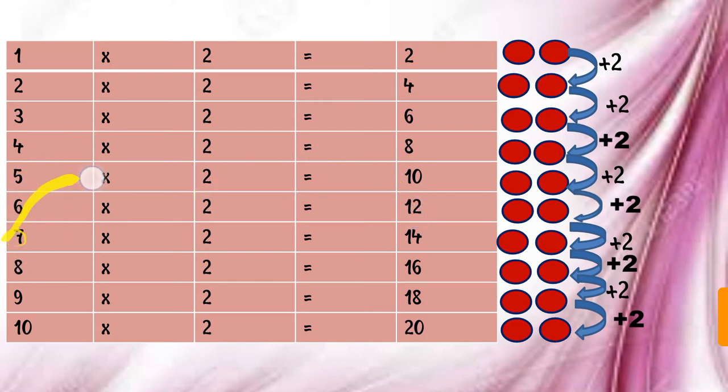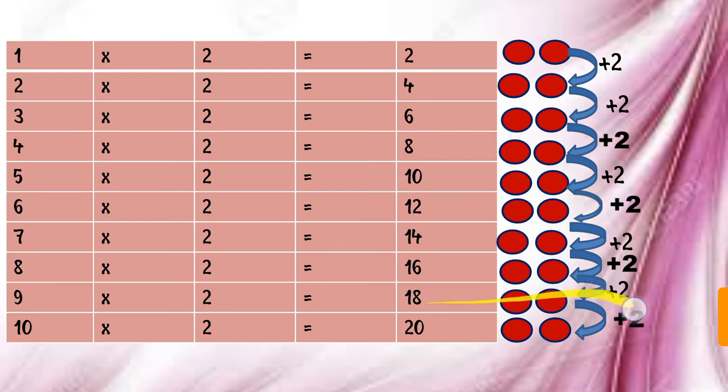7 2s equals to 14. 8 2s equals to 16. 9 2s equals to 18. And 10 2s equals to 20. Let's see. 2 plus 2, 4. 4 plus 2, 6. 6 plus 2, 8. 8 plus 2, 10. 10 plus 2, 12. 12 plus 2, 14. 14 plus 2, 16. 16 plus 2, 18.